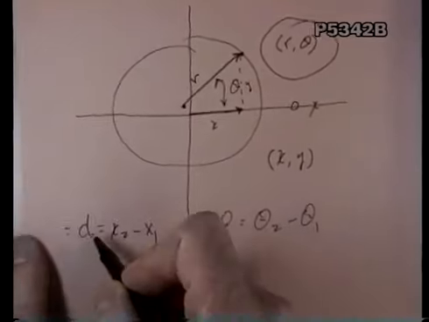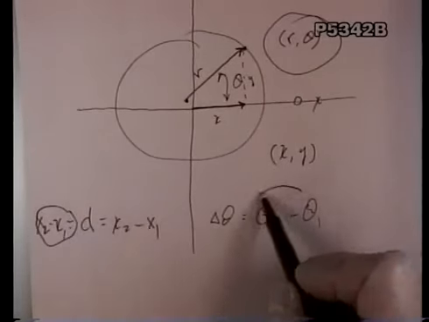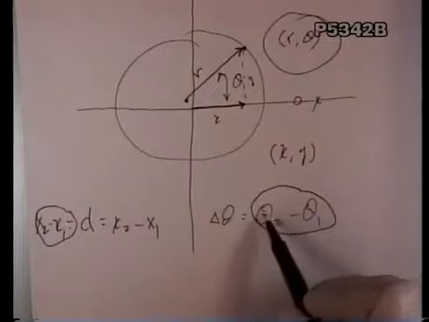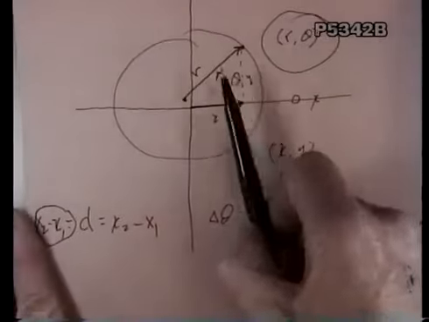Remember that delta x is x2 minus x1. Do you see the relationship here? x2 minus x1, these are position vectors. They're at a particular angle, so we measure the angle.